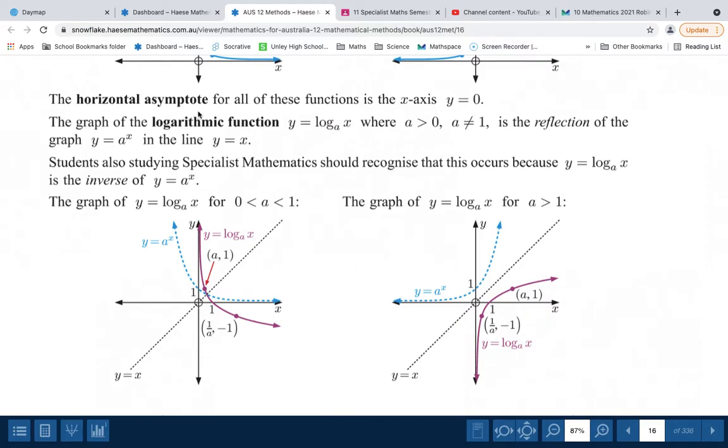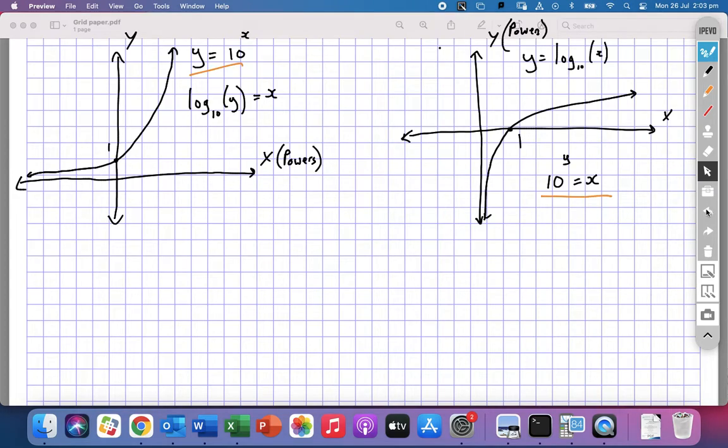Okay, if I go back to my picture and just quickly discuss horizontal and vertical asymptotes as well. So in our log graph, you do have a vertical asymptote, okay? Because what's going to happen if you try and put in 0 or a negative number into your log, you're going to get an error.